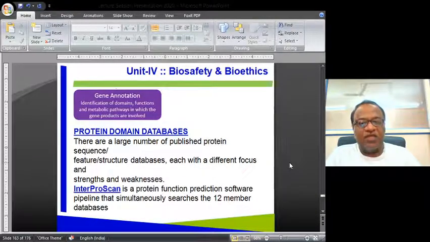So there are a large number of published protein sequence databases, the features which determine the protein or the gene structure and function, the structure databases, and each of these have their own strengths and weaknesses.